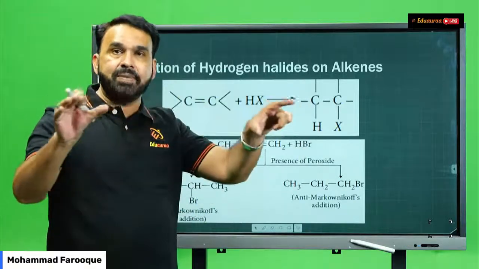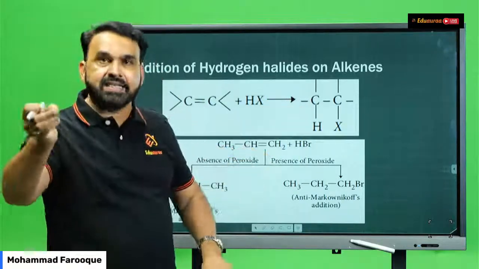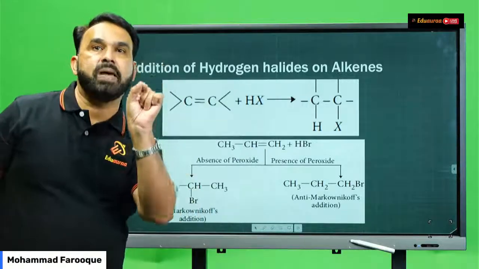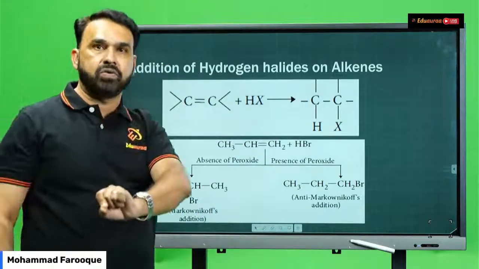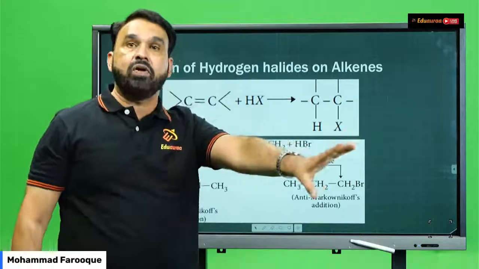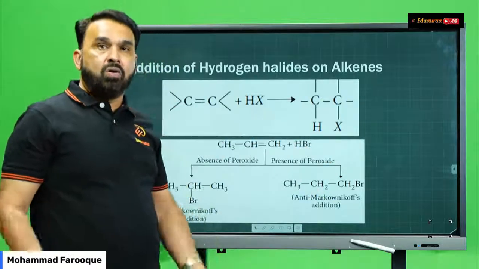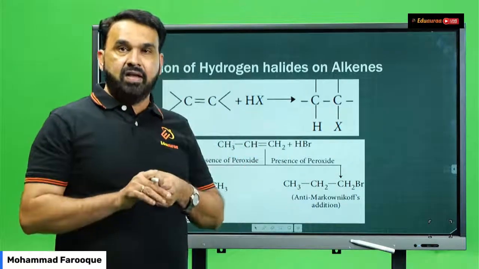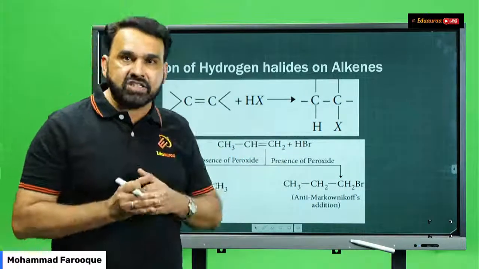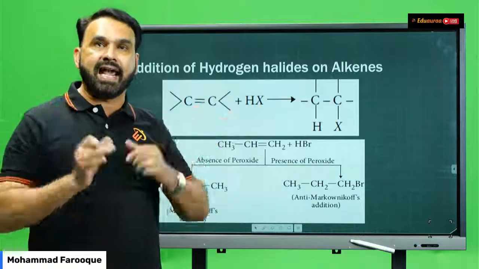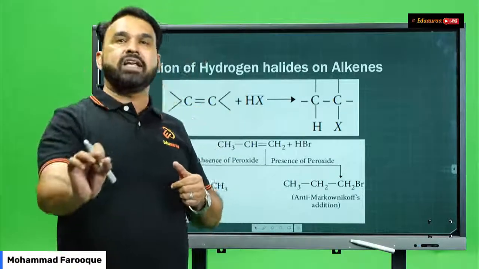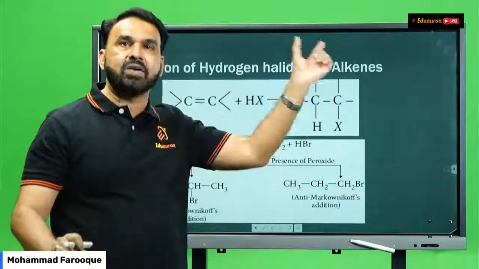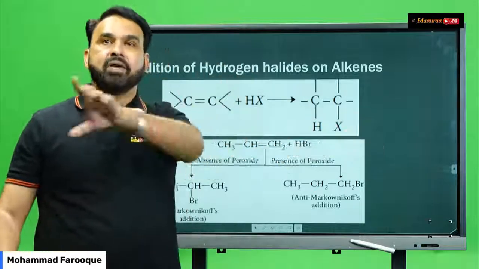That means when you have an unsymmetrical alkene treated with an HX molecule, if there is peroxide on the arrow, you will follow anti-Markovnikov's rule. If there is no peroxide, you will follow Markovnikov's rule. What is Markovnikov's rule of addition? It says that when an unsymmetrical reagent such as an HX molecule is added to an unsymmetrical alkene, the negative part of the reagent, that is the halogen, must get added to the carbon carrying the least number of hydrogens.